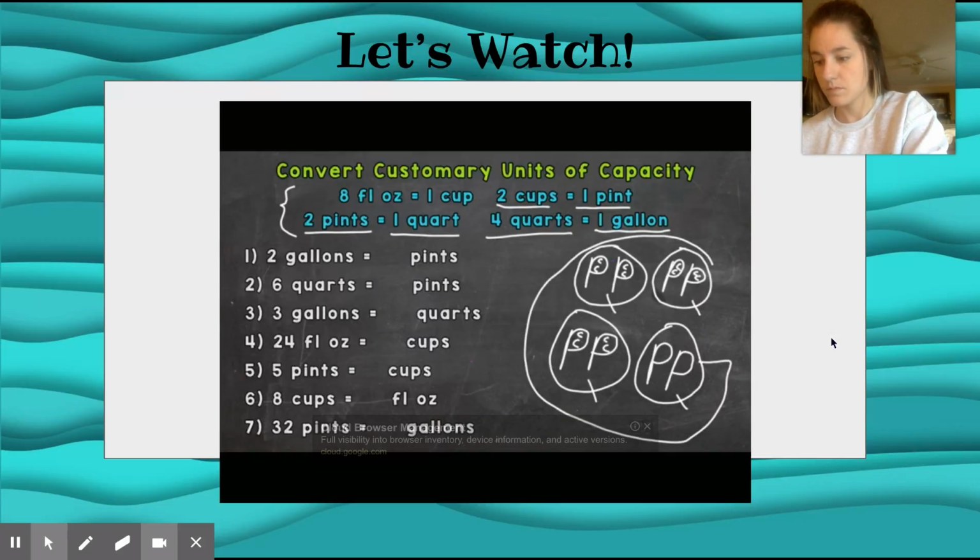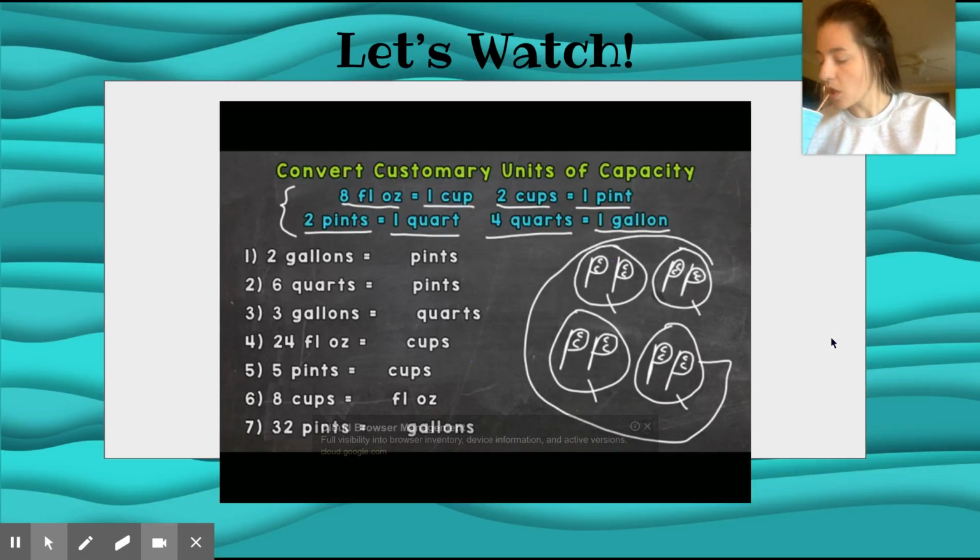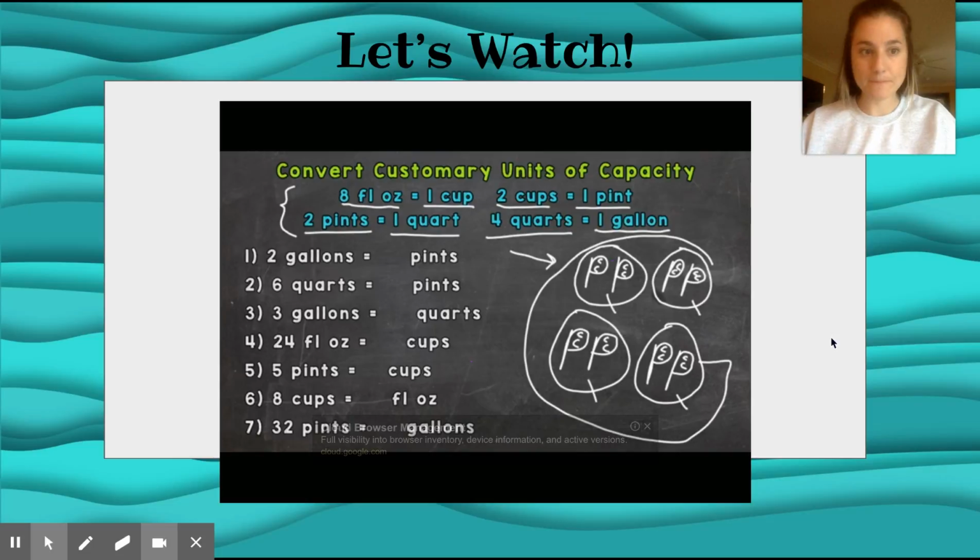We would need 16 cups to fill a gallon. Now lastly, we have 8 fluid ounces in 1 cup. Now that's just going to get too small to put 8 fluid ounces in each of those C's. So we are going to leave that one out of this here. So let's go into some conversions.